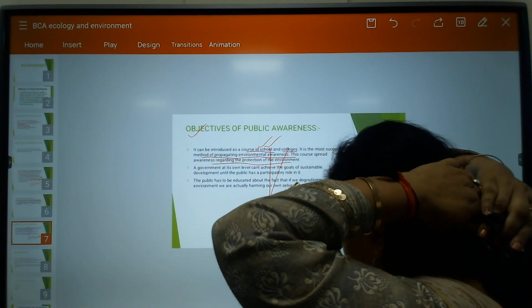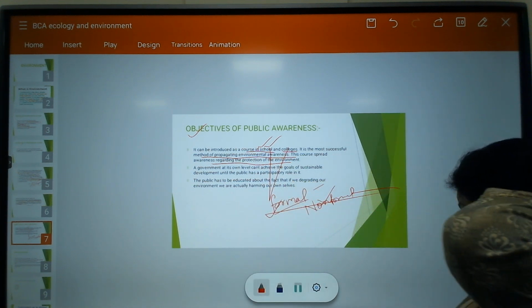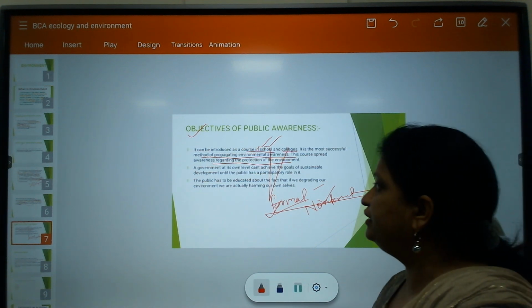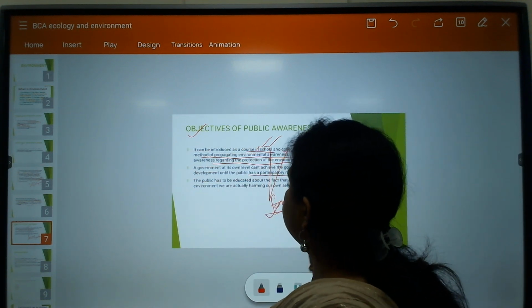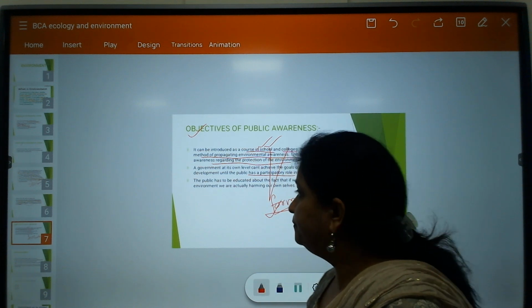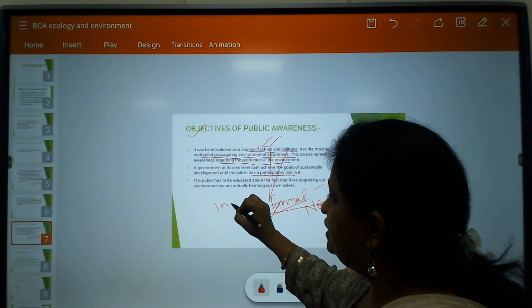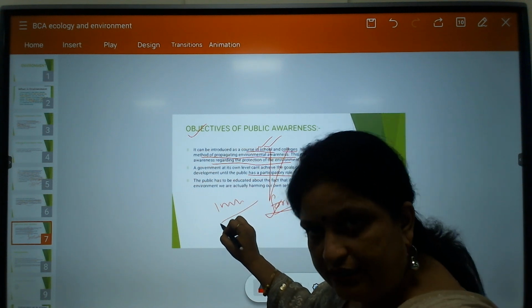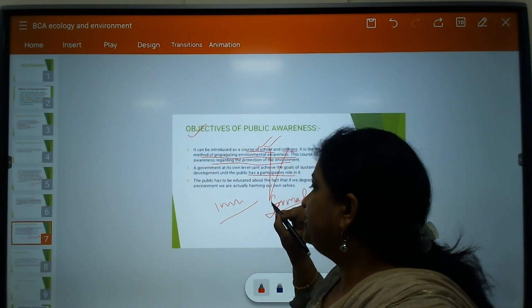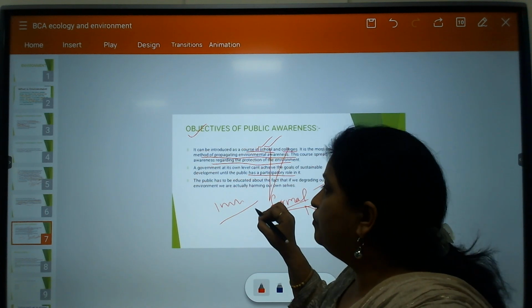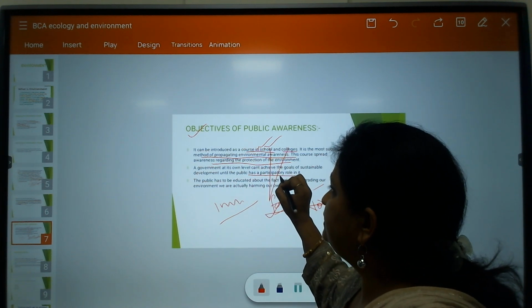The government at its own level cannot achieve the goal of sustainable development until the public has a participatory role in it. Because every individual is responsible for degrading the environment, it is the duty of each and every individual to protect the environment.